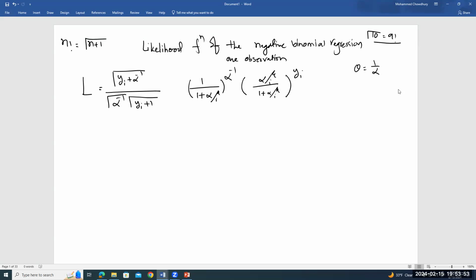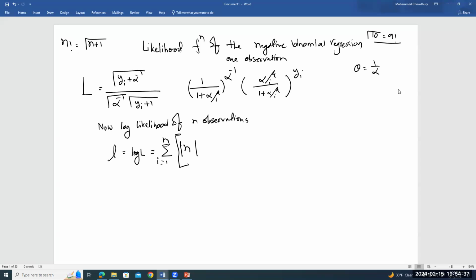If log likelihood of n observations is taken, it could be written as L equal to log of L. It could be written as the sum, i goes 1 to n, and log of the gamma term, then yi.